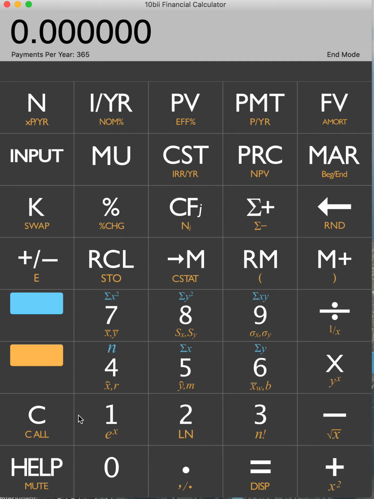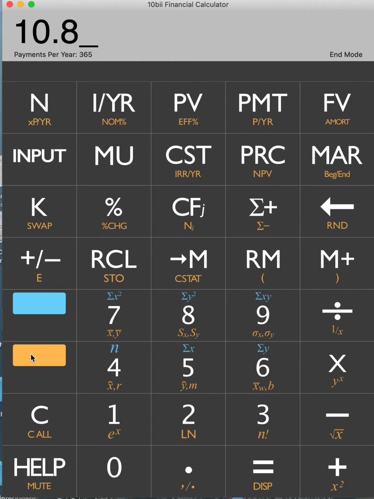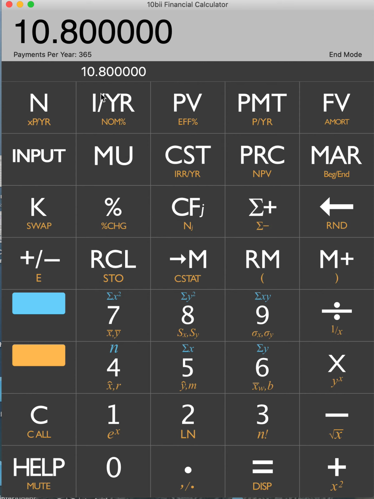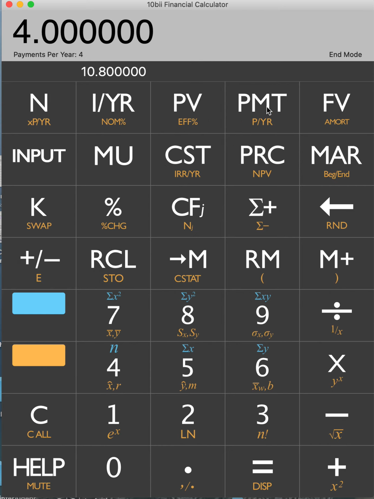It seems that it wants to be rewritten again. I don't know why, but put it into nom. There we are, 10.8. It's 4 payments per year. So this is the one that is in black on the handout you've got there.